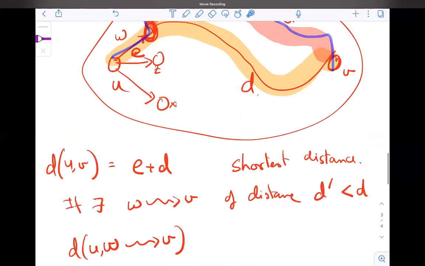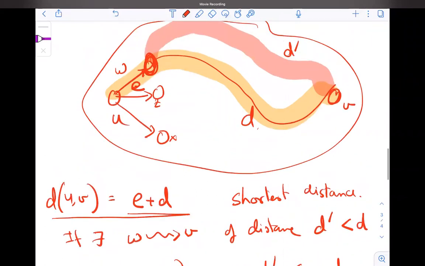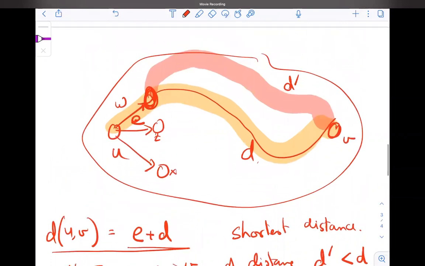This is E plus D prime, which is strictly less than E plus D. But this is not possible because you have claimed that E plus D is the shortest path. Right? So this must be the shortest distance.